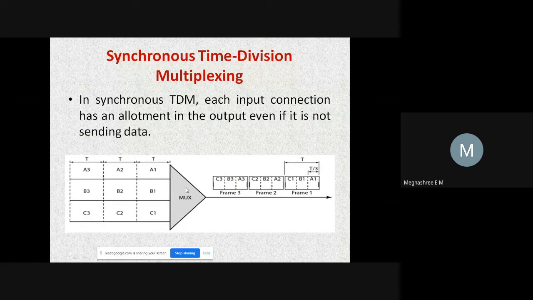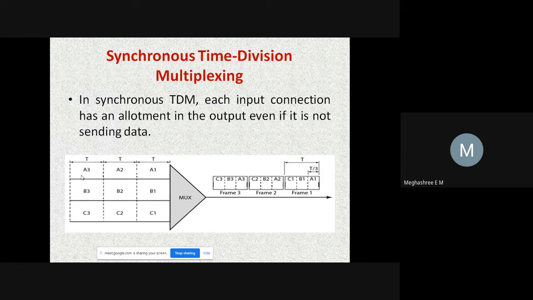Now, what happens here? The data flow, say here A1, A2, A3, all together you can call it data. This is one input line, this is another, and this is another. So in this example there are three input lines or input connections. In synchronous time division multiplexing, the data flow of each input connection is divided into units.